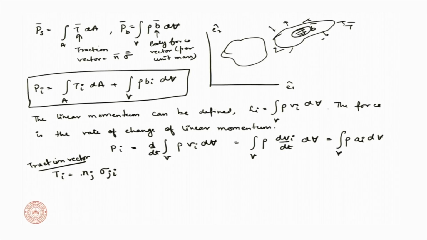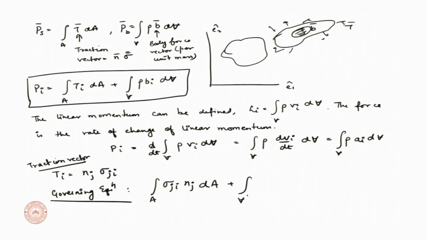If we replace everything back into our equation, our governing equation becomes, let us write this first, our RHS term: integral over area A of sigma_ji N_j dA, plus integral over volume V of rho b_i dV, is equal to integral over volume V of rho a_i dV.